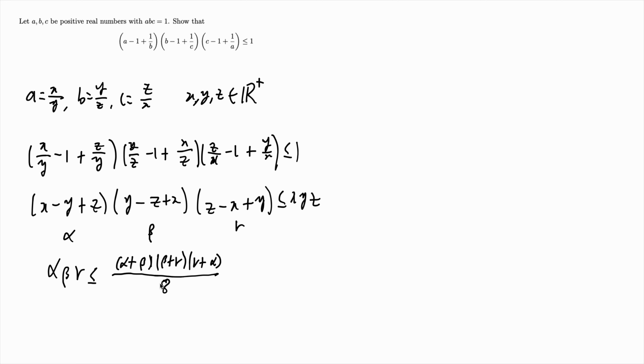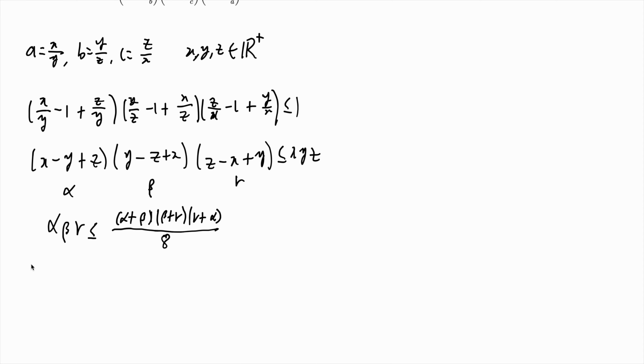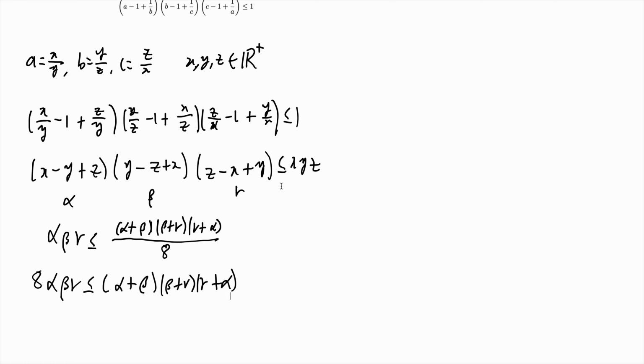We want to prove that this is true. Now recasting, we can write it like this. It's really easy from here to just say that we can use AM-GM and prove our inequality. But the problem is we cannot use AM-GM directly because alpha, beta, and gamma could be negative numbers.